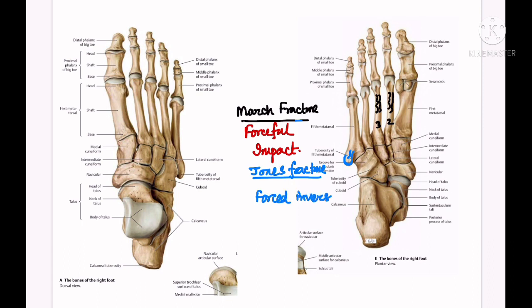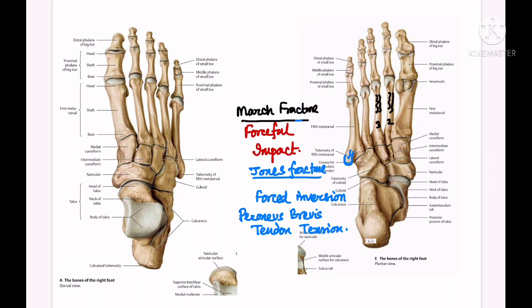If there is forced inversion of the forefoot, then there will be a tremendous tension on the tendon of peroneus brevis, which is inserted on the styloid process of the base, resulting in the avulsion of the styloid process due to the tension of the taut tendon of the peroneus brevis. This fracture is known as Jones fracture after the name of an orthopedic surgeon, Sir Robert Jones, who himself sustained the same injury.